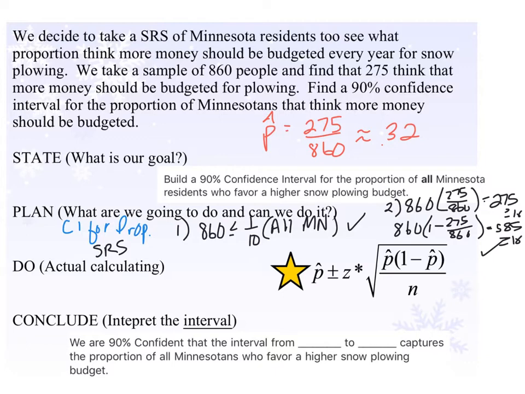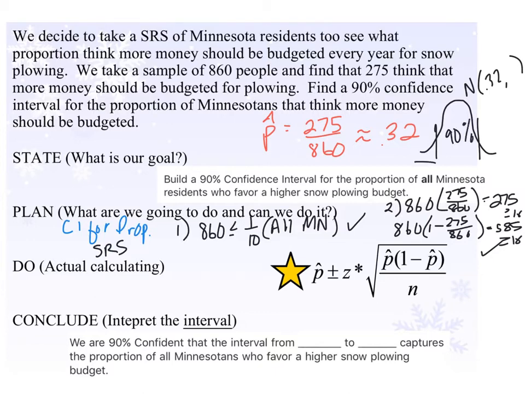Now, I want to just explain real quick how this calculation is going to work, and how we're going to get the margin of error. And I want to do it with kind of thinking about the normal curve, but then I want to show you a shortcut to this. To build a 90% confidence interval, what we really want to do is think about the normal curve, centered around 0.32 and a standard deviation that we'll calculate, and we want to catch the middle 90%.